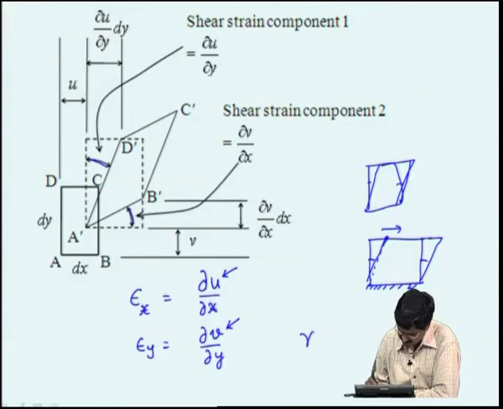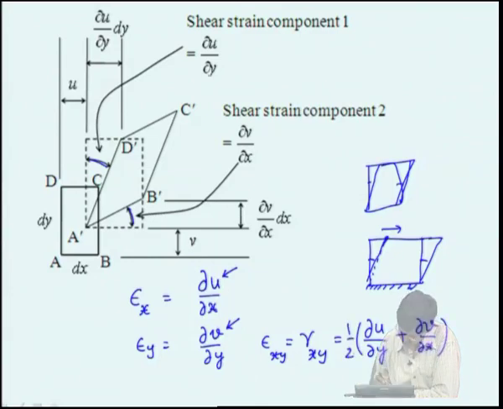Then the shear strain, which you denote by gamma x y, or some people write as epsilon x y also, is given by half of dou u by dou y plus dou v by dou x. See that this is dou u by dou x, here it is dou u by dou y, here it is dou v by dou y, here it is dou v by dou x, half of it, that is the shear strain.